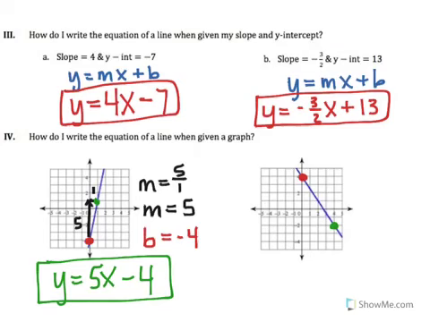As I can see, my graph is going down from left to right, so my slope is going to be negative because I am falling. If I'm falling, that means my rise is negative. So I'm actually going down 1, 2, 3, 4, 5, 6, and it's -6. And I'm going right 4.